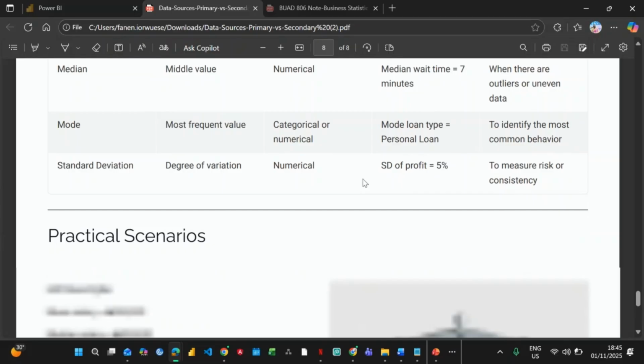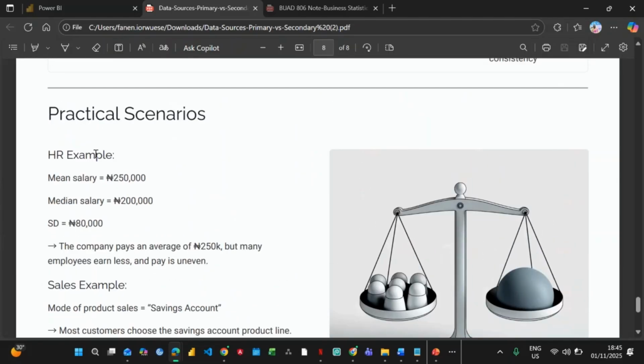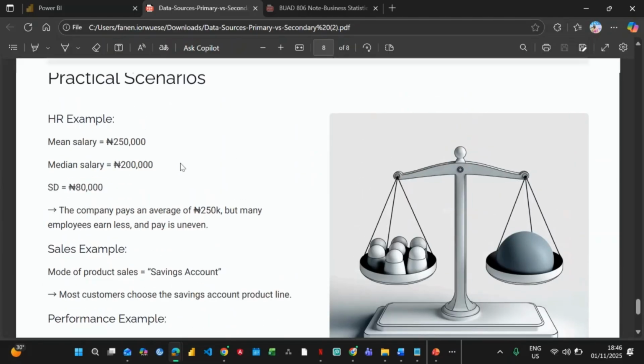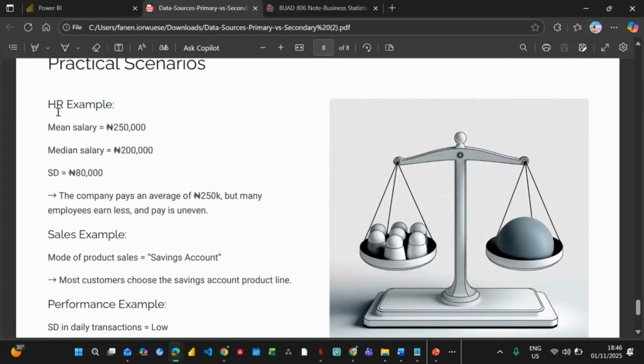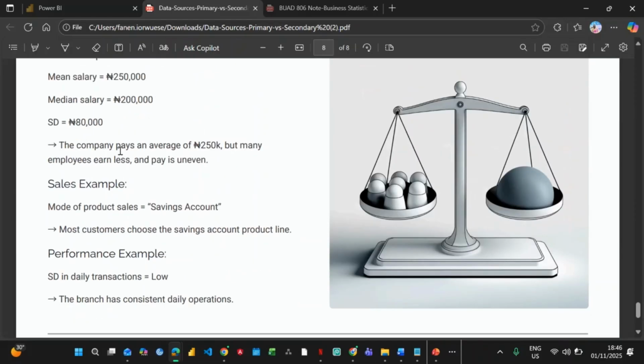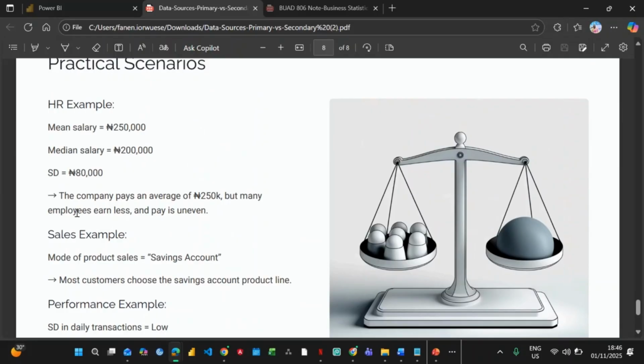So we look at the practical scenarios. For example, a salary mean of 250K, the median value is this, the standard deviation is this. So the company pays an average of 250K, but many employees earn less and pay is uneven.